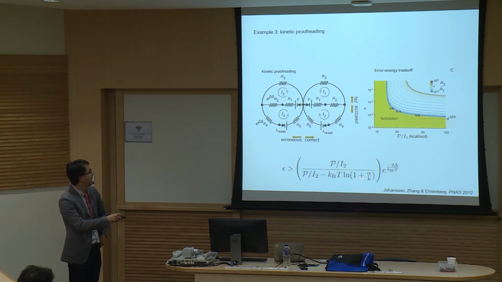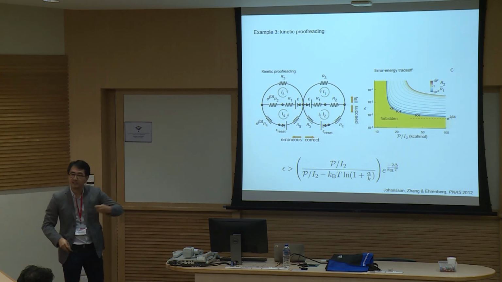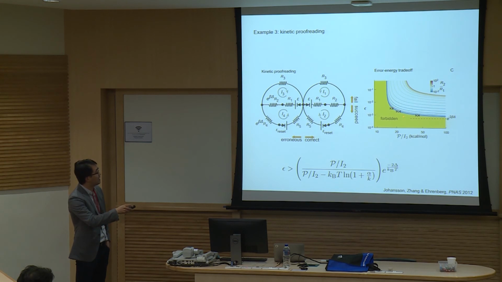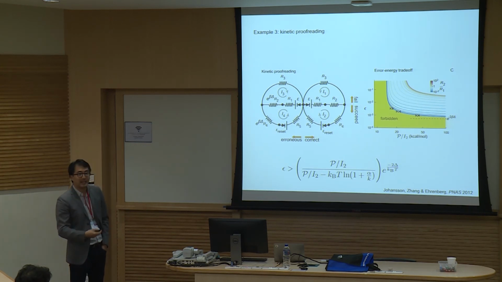And here's the actual trade-off between how much error you get and how much energy you need to expend. P is the total power expended in the system, and I2 is the current of correct processing of adding the amino acid. The 3 dots are the measured error versus the catalytic cost for AAA versus AAU errors.